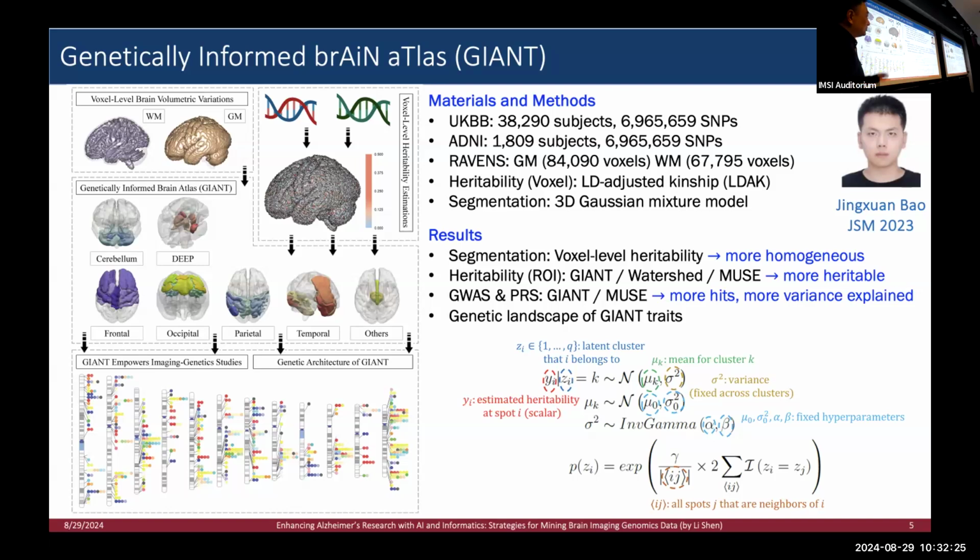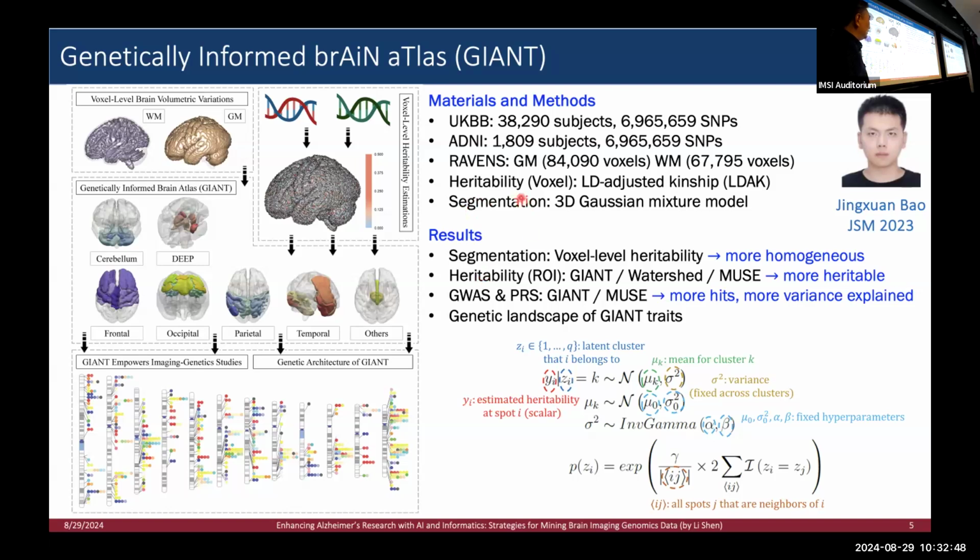A lot of what I talk about today was developed by Bingxin Zhao. He's a PhD student in the genomics and computational biology program. Here he developed this GIANT atlas. Basically, we're using UK Biobank. So the idea here is it's big data, right?